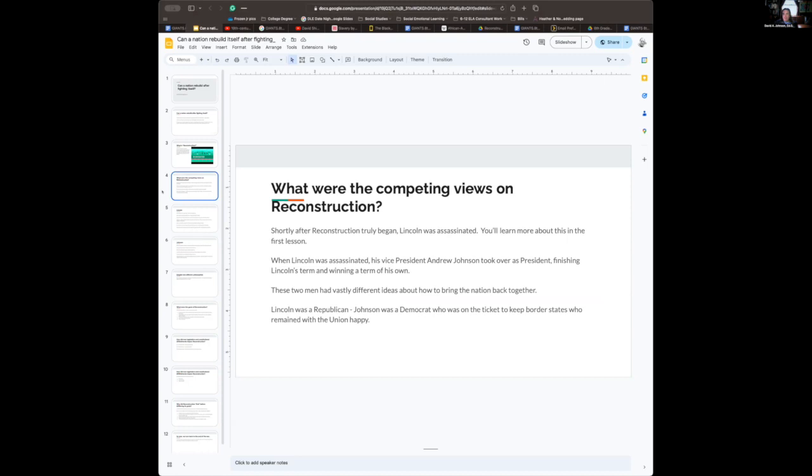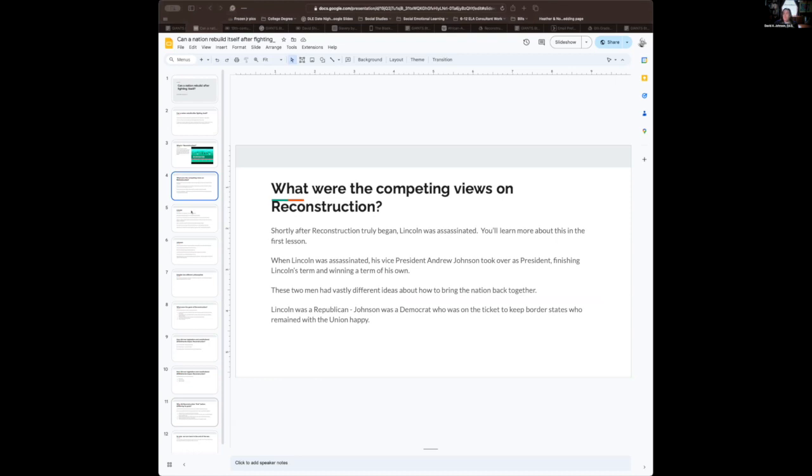So we talk a little bit about the competing views on Reconstruction. Go figure, it's hard to believe given how well we all agree on everything today in 2024. But there were some different viewpoints on how the country should come back together. We talk a little bit about this in the overview presentation and we dig a little deeper into it through the course of the units. You have Lincoln who begins it, and then he's assassinated, and then his vice president, Andrew Johnson, took over.